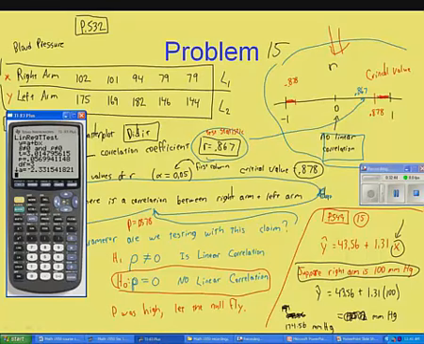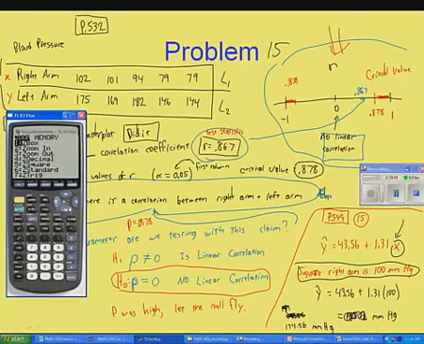Well, that's a very different equation now, isn't it? Because it's negative 2.33 plus 0.57x. That's a very different equation. But I can still type it in the calculator. I could clear this out and type negative 2.33 plus 0.57x.